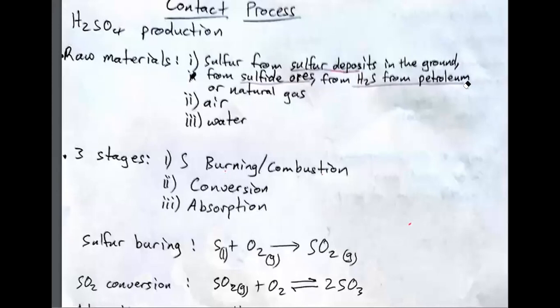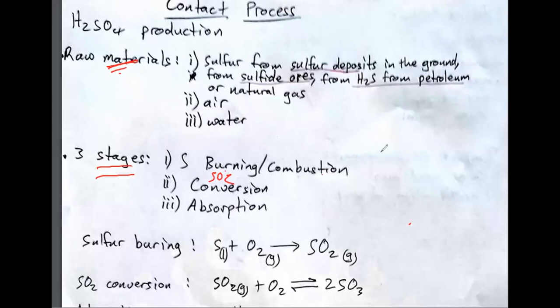All right, so the contact process, which is the sulfuric acid production, it's almost exam time, right? So if you need to swap, ensure you remember the raw materials, which is sulfur from the ground, air, and water. You must at least know the raw materials and the three stages: sulfur burning, SO2 conversion, and absorption.